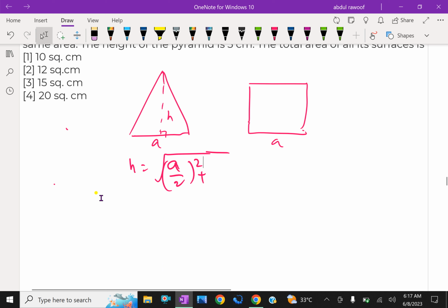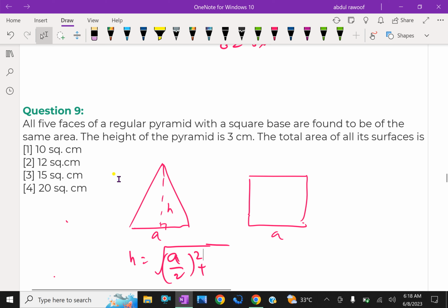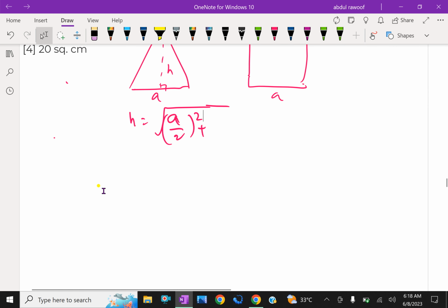This is the height of the triangle face edge, and the height of the pyramid is 3, therefore 3 squared.